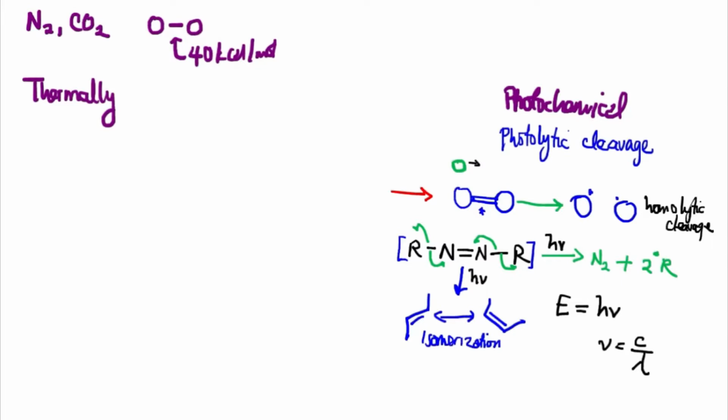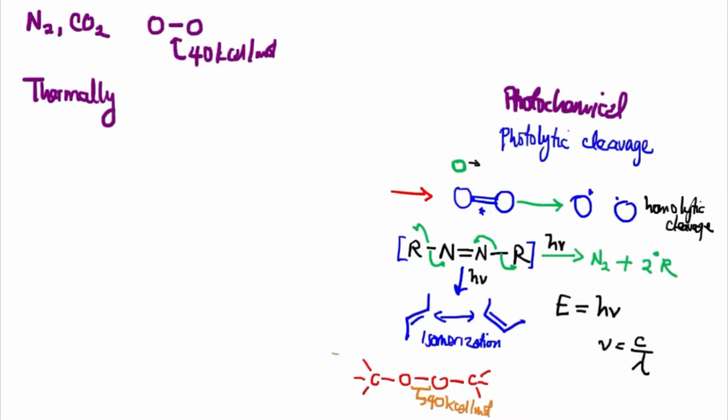For example, looking at this oxygen-oxygen bond in a peroxide molecule, where we have a carbon on one side and a carbon attached on the other side, what we noticed from our previous video is that this bond requires an energy of 40 kilocalories per mole to cleave.